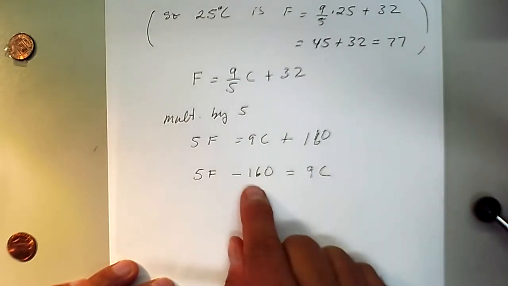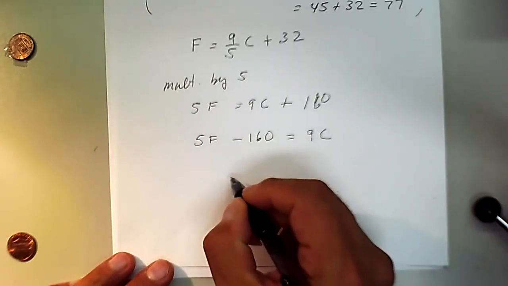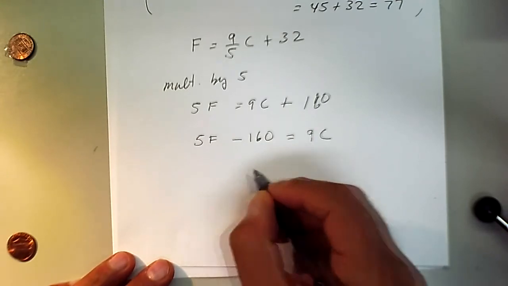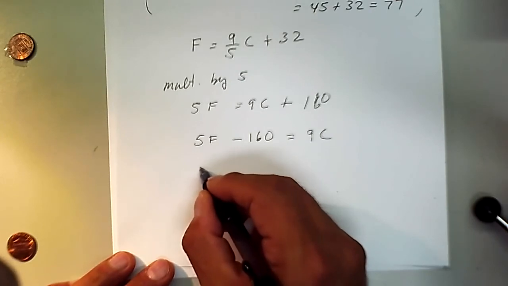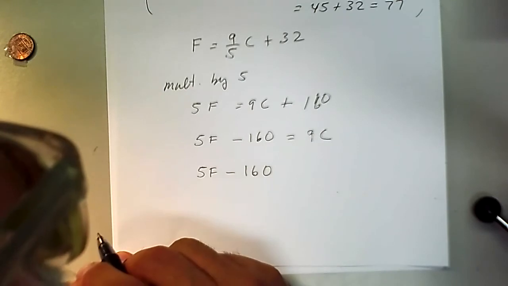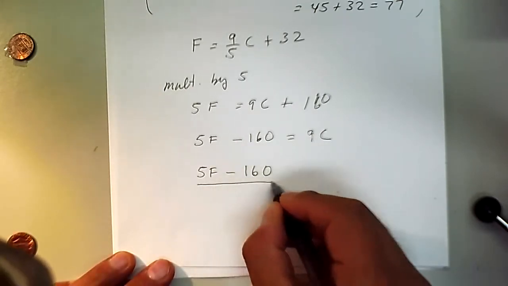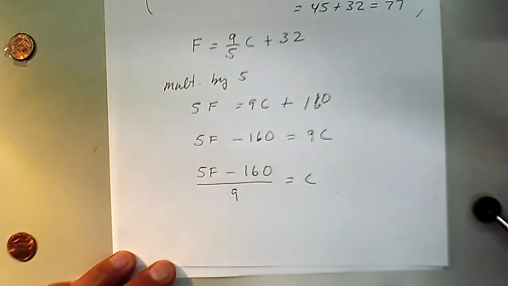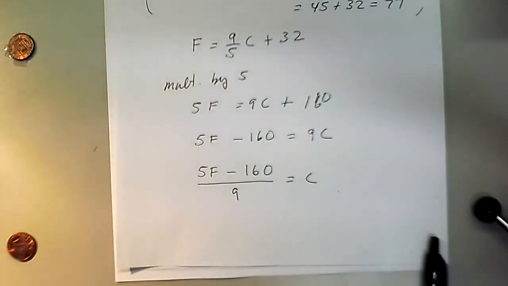And then we can divide by 9 on both sides of the equation. So (5F minus 160) over 9 is equal to C. Let me pause for just 1 second.